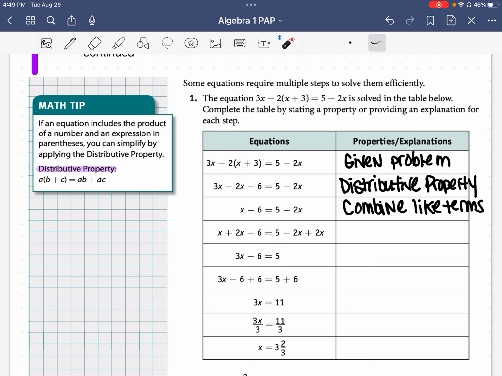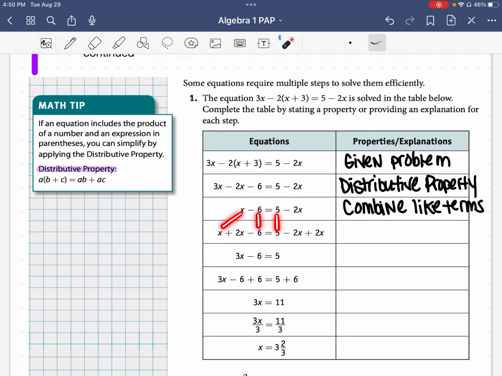You want to have the two sides of your equation balanced. Notice right here in this step, I have 2 terms on the left and 2 terms on the right. These are balanced. Notice in the prior step, I have 1, 2, 3 terms on the left, but only 2 on the right. This would mean that I would more than likely have some like terms that I can combine.